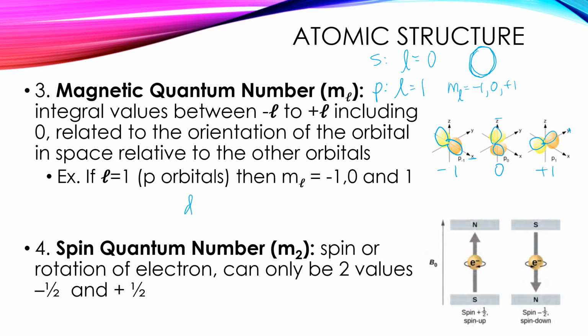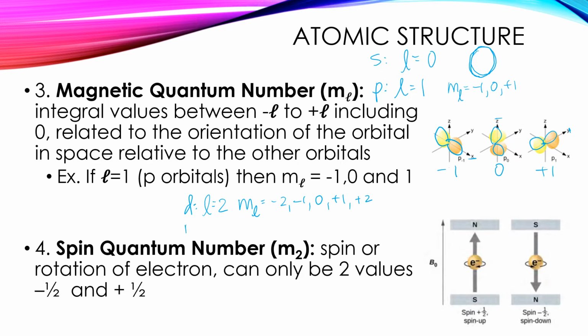If we were looking at a D orbital, that's going to be an L equals 2. So then the M sub L options are negative 2, negative 1, 0, positive 1, positive 2. So that gives me 5 different orientations of a D orbital, which is why you're used to hearing that there are 5 D orbitals.